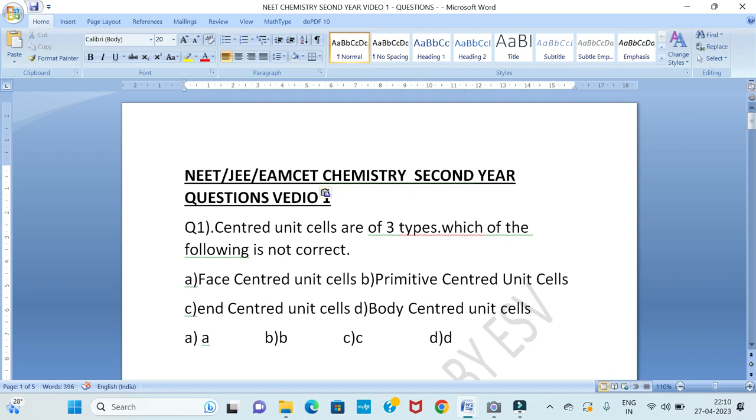After the marriage we take lunch, that is buffet lunch, BFE, buffet. We have taken our buffet dinner. Like that, we can remember BFE: B means body centered, F means face centered, E means end centered. After ending the buffet dinner or lunch, we return to our home. Like that, we can remember.